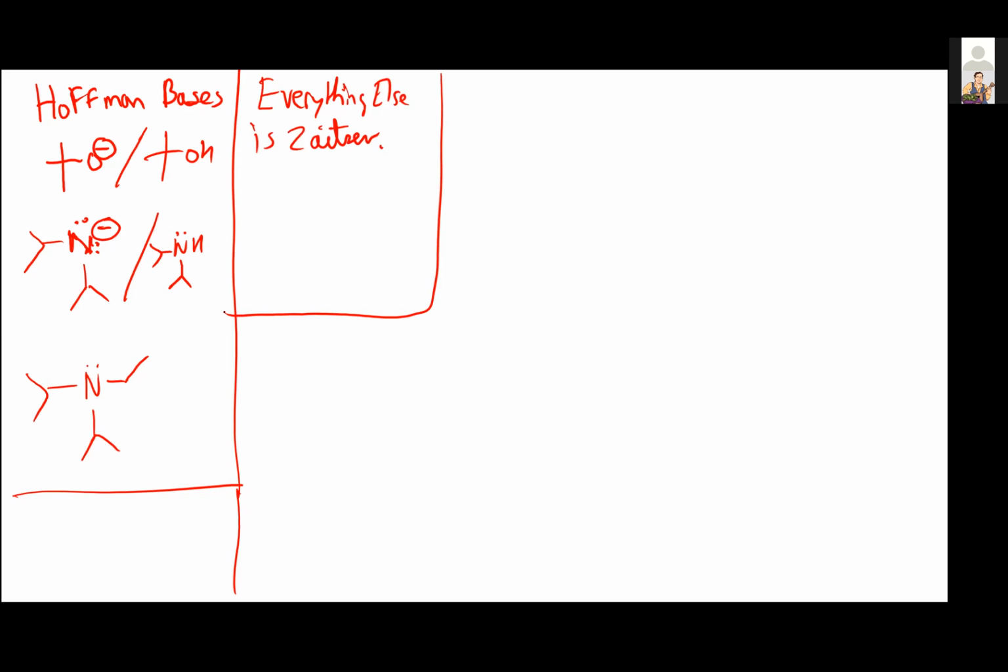Okay. Then we have things that really want to be nucleophiles. So these are things where we're saying the same molecule could be either a base or a nucleophile. That's really true of all the oxygen species. But there are some things which are just really poor bases.